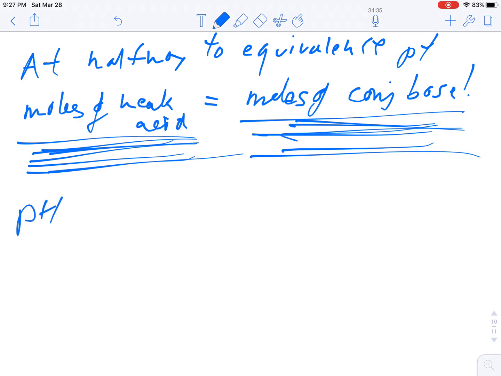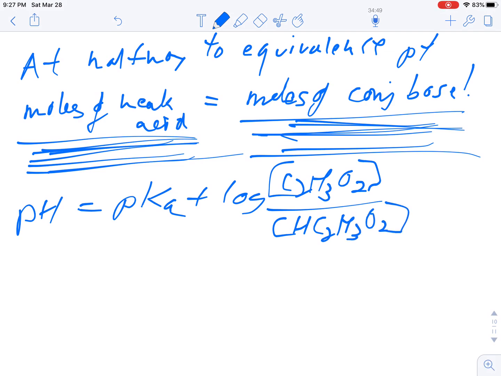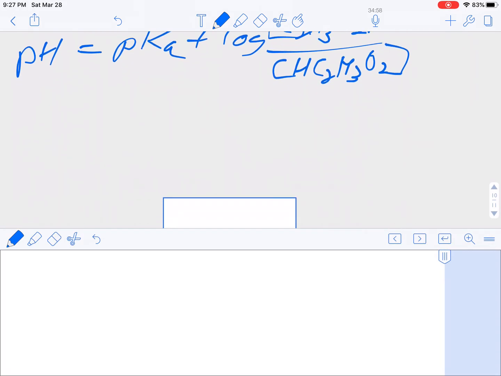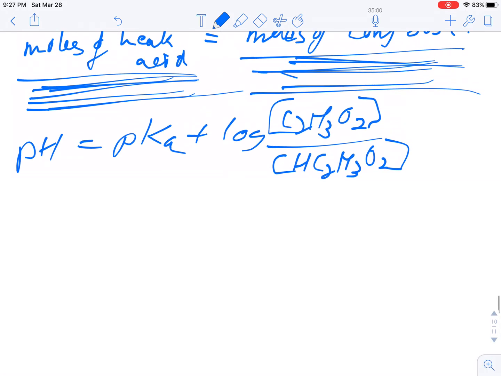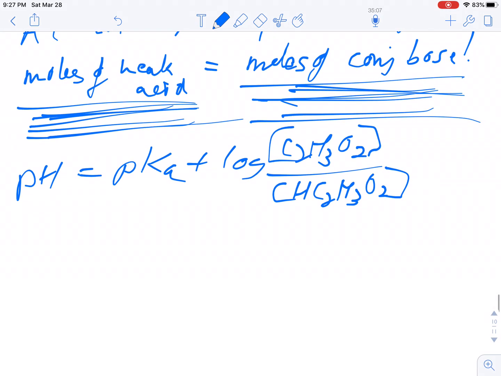Because something very special then happens. Technically, I don't need to know the molarity when I'm at halfway to the equivalence point, but I'm going to calculate it anyhow. So, let's see here.